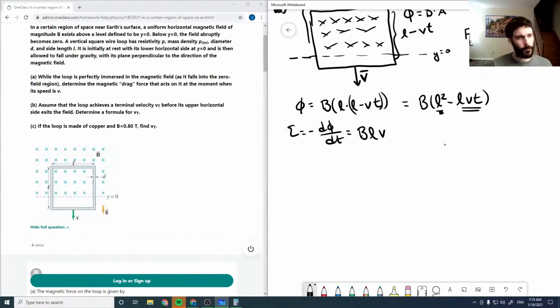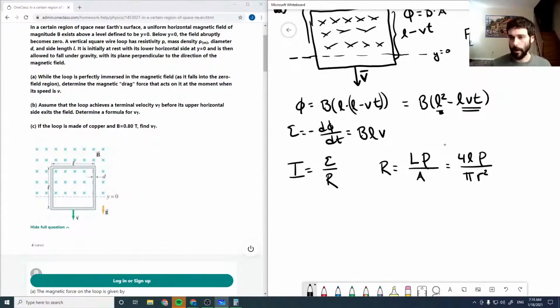We can solve for our current by saying that it's the EMF over the resistance. We can calculate the resistance of our wire from the resistivity: the length of the wire times the resistivity over the cross-sectional area. Our length is 4L, our resistivity is given as rho, and our cross-sectional area is pi r squared.